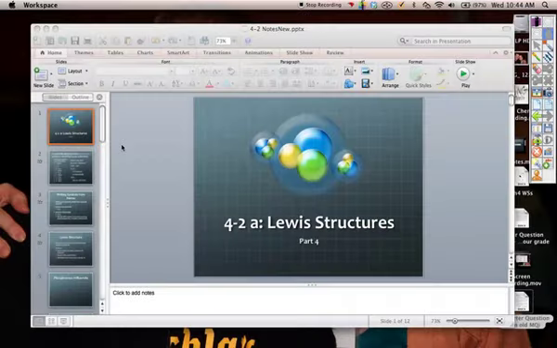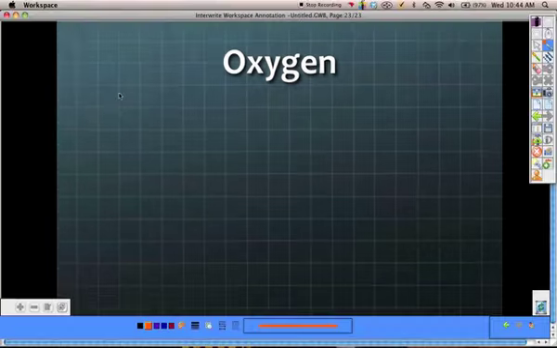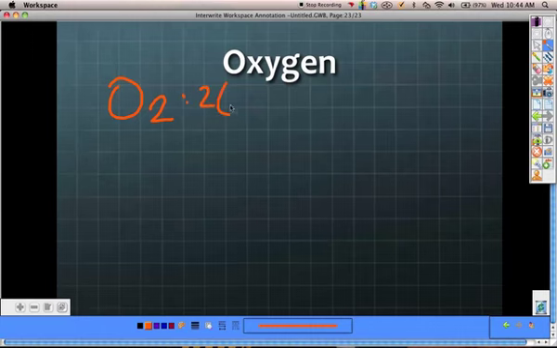Okay. Moving right along. Oxygen. That's just that, right? No, why? Yeah, it is diatomic, so it's O2. Good. So, O2, that means we have 2 of our oxygens. Each of the oxygens are 6, so I'm looking for a total of 12 electrons.